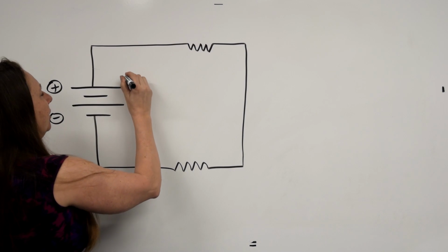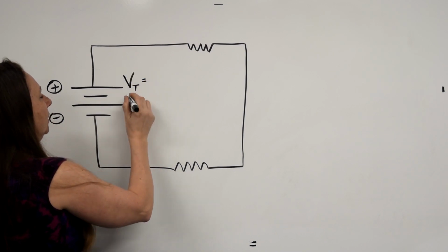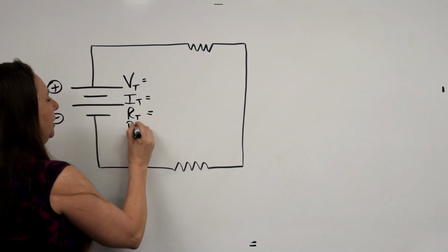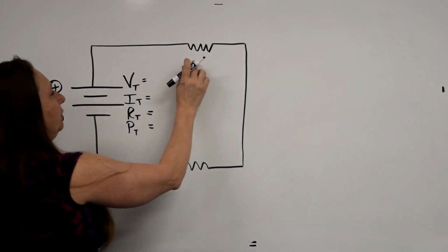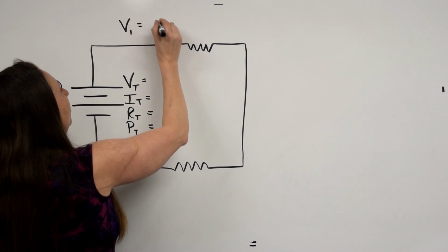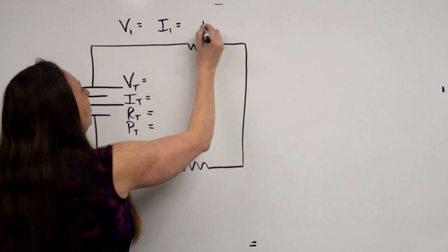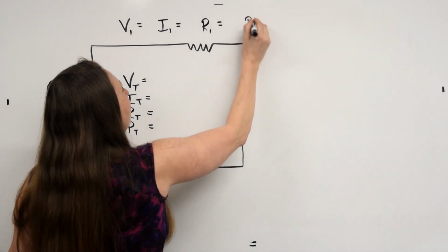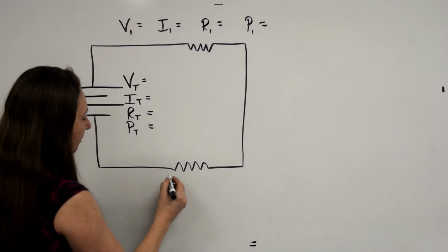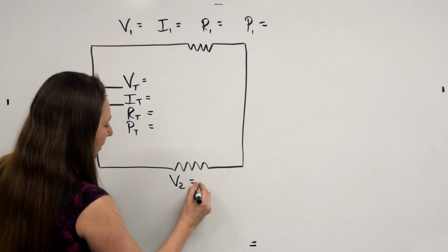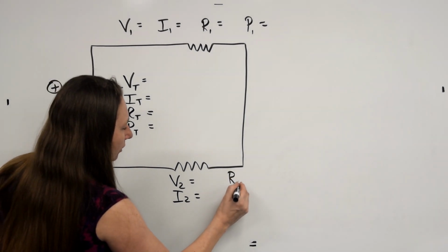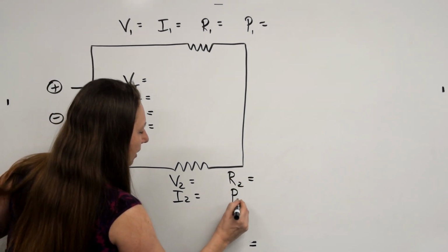All right, we've got V total, I total, R total, and P total. For this first resistor here, we've got V1, I1, R1, P1. For this resistor here, we've got V2, I2, R2, P2.